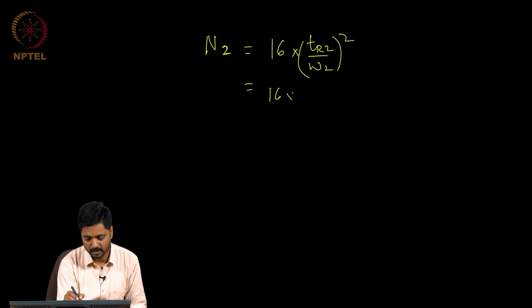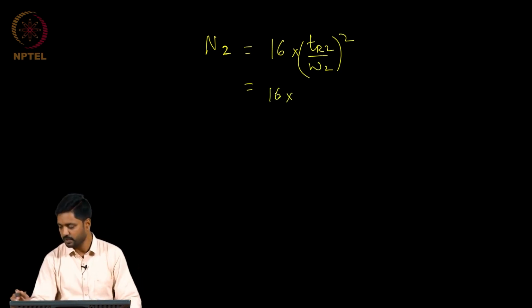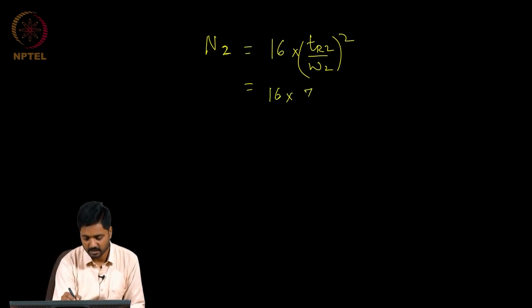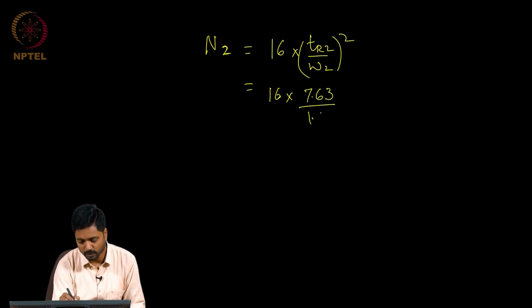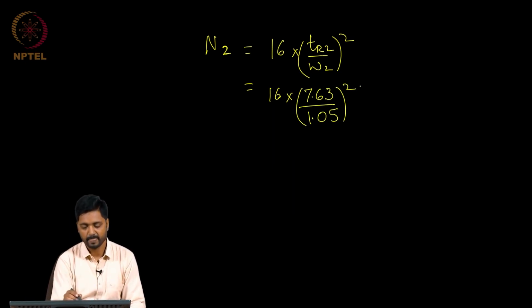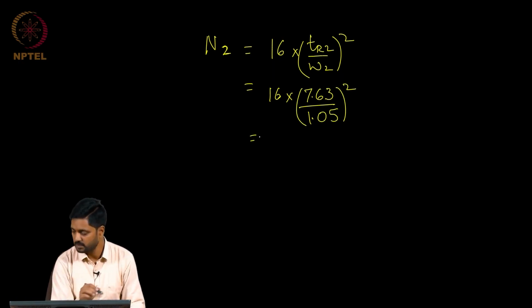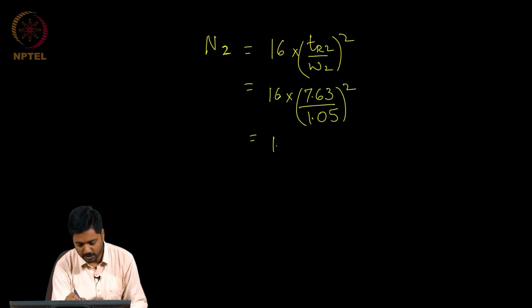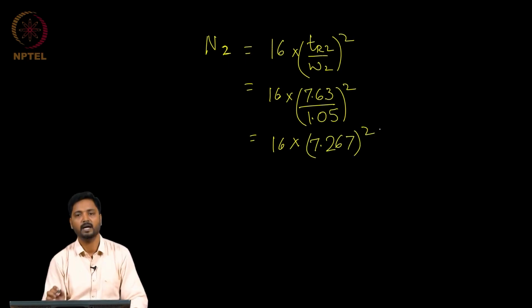These numbers are plugged in straightforwardly as 7.63 divided by 1.05, whole squared, and finally, this solves out to be 16 times 7.267 squared.